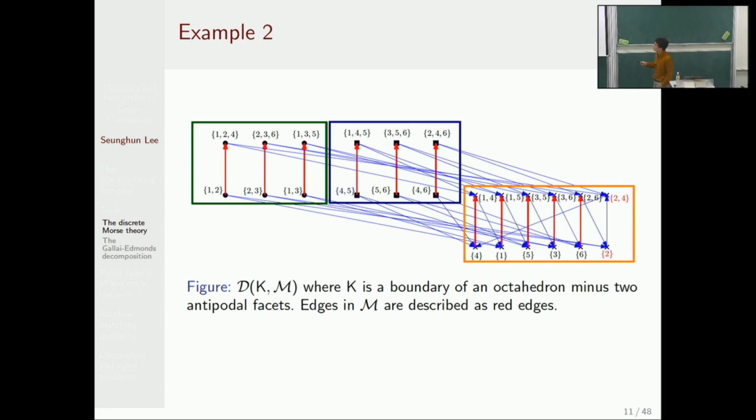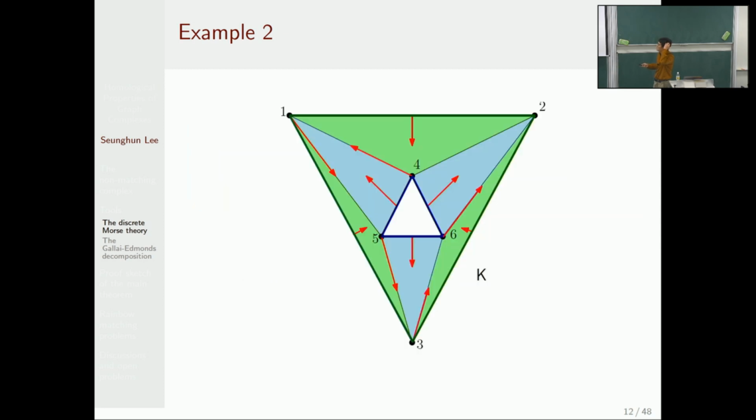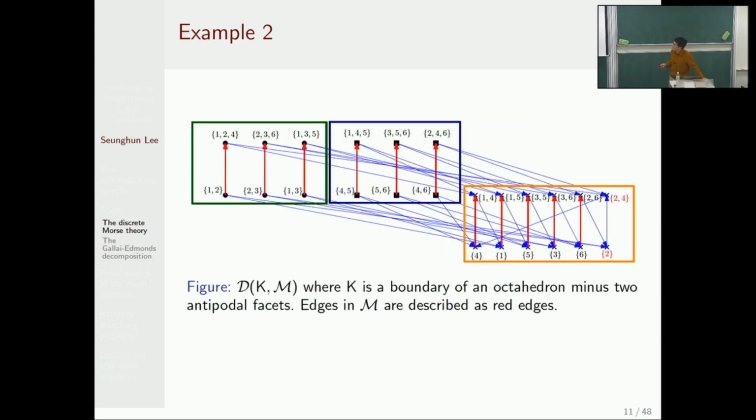And this is a poset, the face poset of the boundary of an octahedron modulo antipodal classes. So this is the face poset of this simplicial complex. As I said, these red edges represent the matchings in M, and these blue edges are non-matching edges.